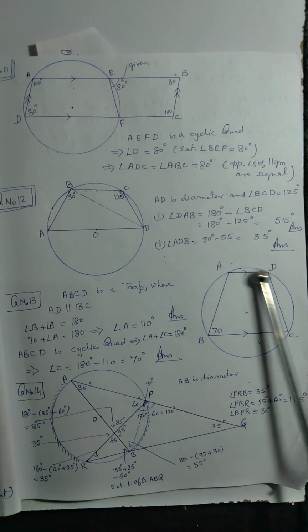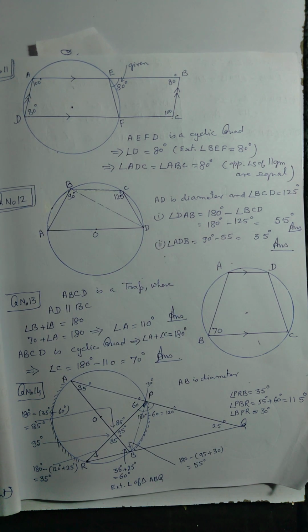AD is the diameter. Now you see, first of all, if BCD is 125 degree and AD is the diameter of the circle, calculate DAB and ADB.